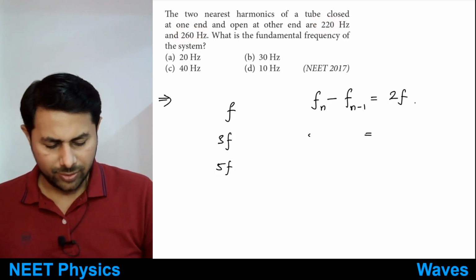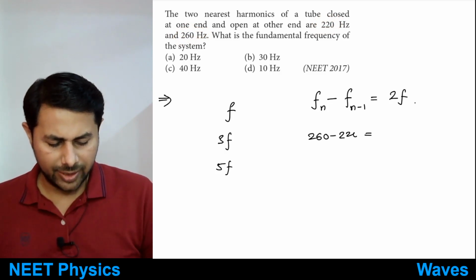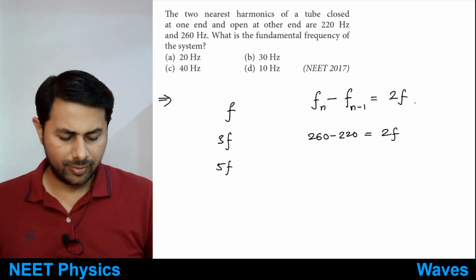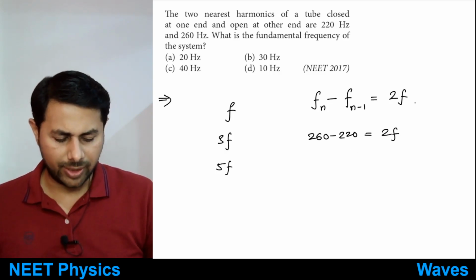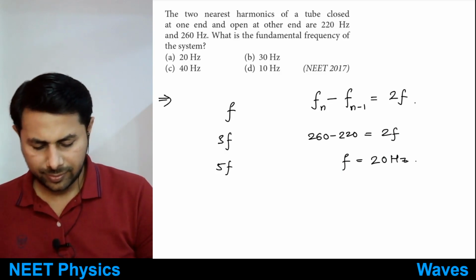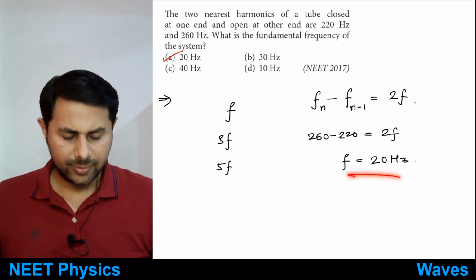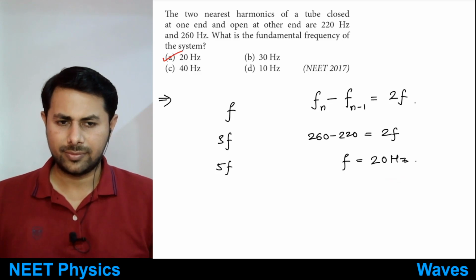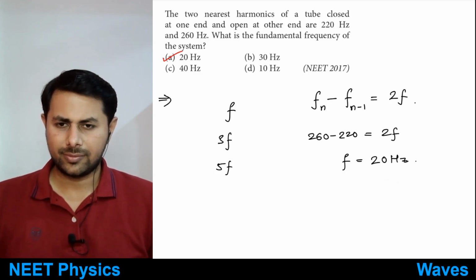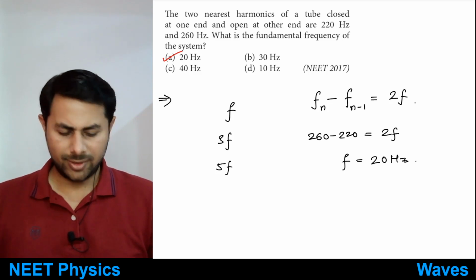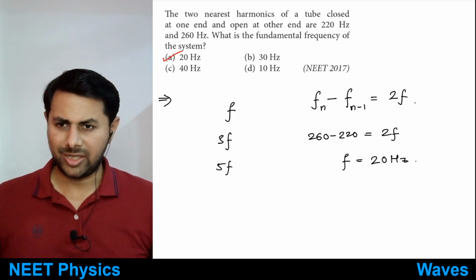So 260 minus 220 is equal to 2F. So that's 40. 40 is equal to 2F, means F is equal to 20 Hz, right? All right, good. So this is very simple.